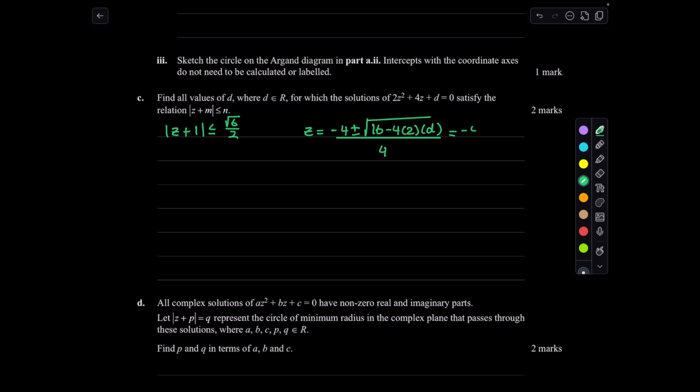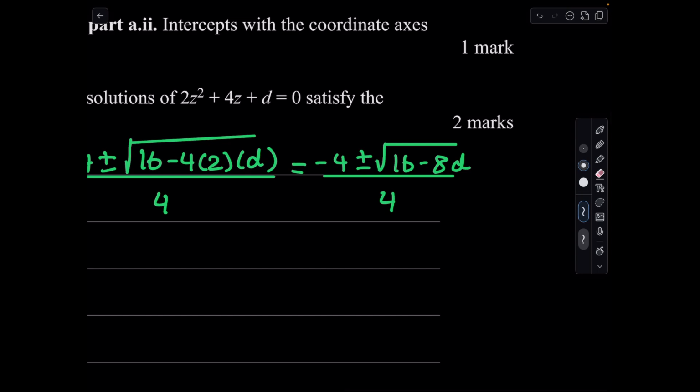That equals -4 plus or minus the square root of 16 minus 8d, all over 4. And you can see that there's a common factor that you can take out over here. You can write this inside here by taking a common factor of 4. So 4 minus 2d. You can write it like that, this part inside here.